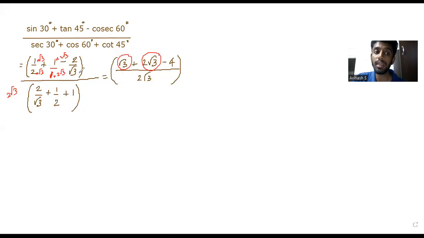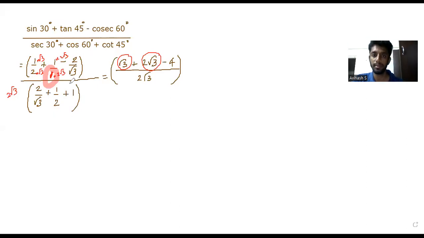And here we have root 3, but we don't have 2, so we multiply by 2, and in the numerator there is already a 2, which becomes 4. That's how we got this term. So the common LCM is 2 root 3. In the first denominator root 3 is missing; in the second denominator root 3 is missing; over here both 2 and root 3 are missing; and over here only root 2 is missing.